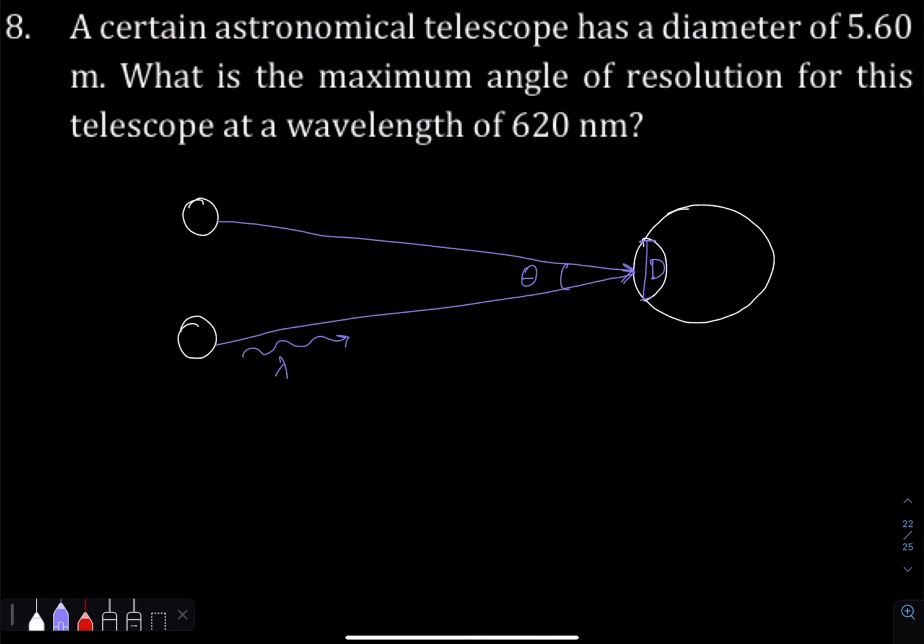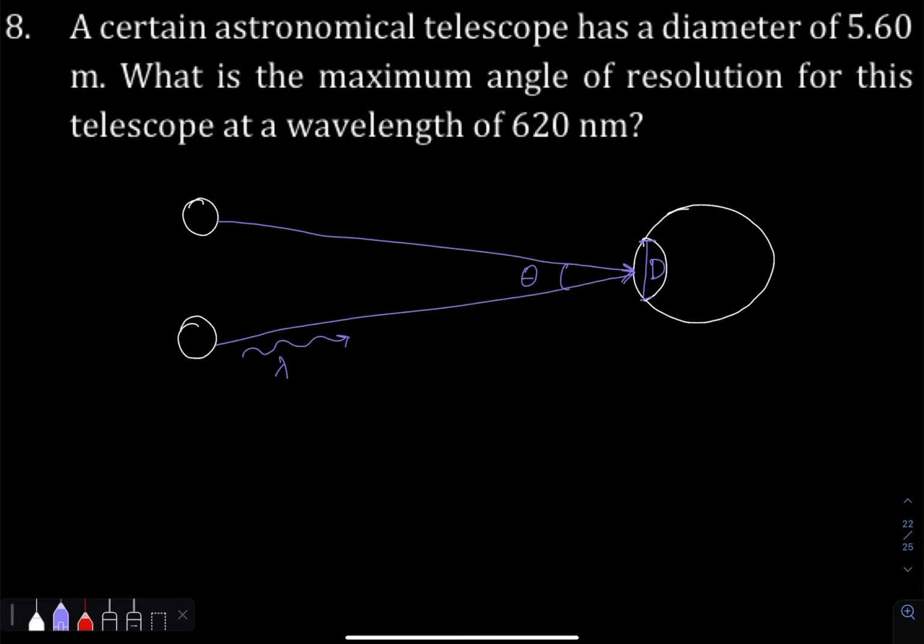What is that part of the eye called? The pupil, right? The pupil, yeah. So the diameter of the pupil, or in this case it's a telescope, so that of a telescope.